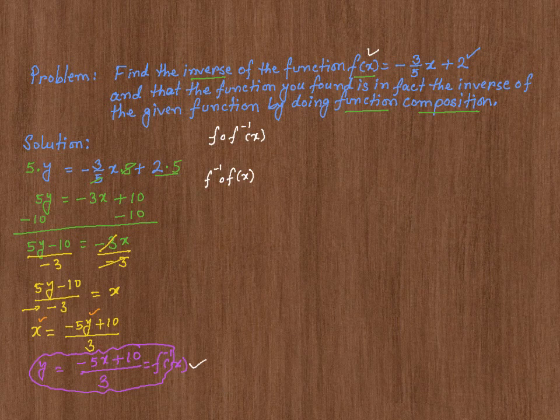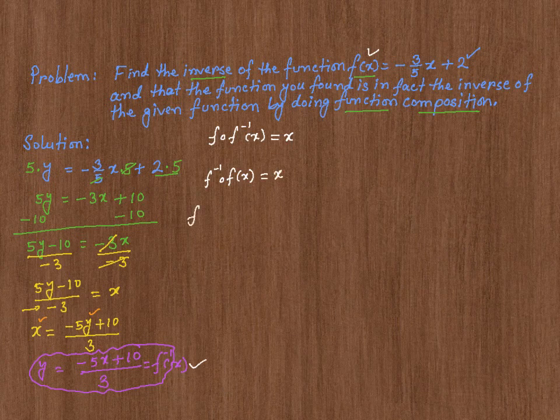If in both directions the function composition yields x, that means that the function I found is in fact the inverse. So we are expecting that this should be equal to x and this should be equal to x. Regardless of the direction of the composition, it should give us x. So let's check that out.